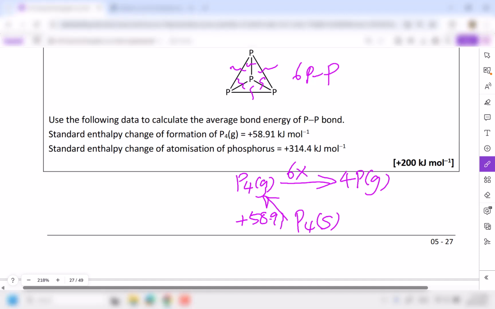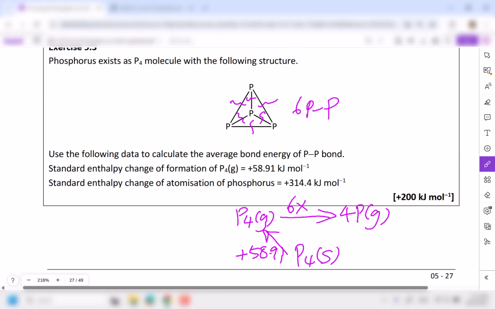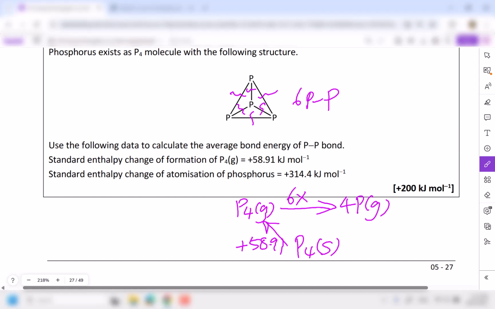So this is given to be 58.91 kilojoules per mole. Then you were also told the standard enthalpy change of atomization for phosphorus. The definition is that for one phosphorus atom to be formed, the standard structure of phosphorus needs to take in 314.4 kilojoules of energy. Now I'm forming 4 phosphorus atoms, so I will need to take in 4 times 314.4 kilojoules of energy.